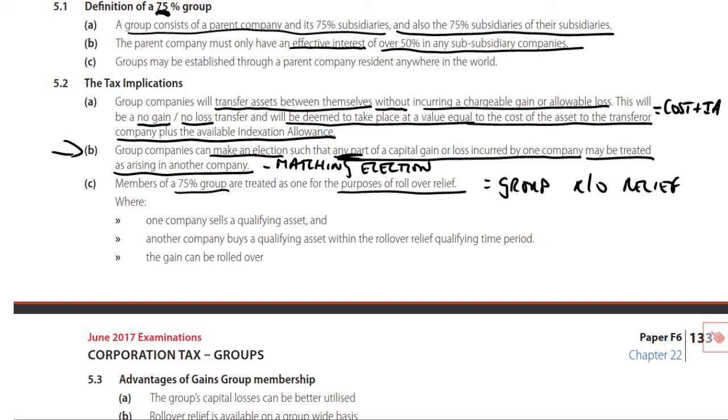We can take any part of a gain made in one company and deem it to have been made by the company with the loss. We can take the gain to the loss or the loss to the gain. The only restriction here: any part of a current period gain or loss is what may be moved. We cannot move a brought forward capital loss, but we'll talk more about that in a moment.